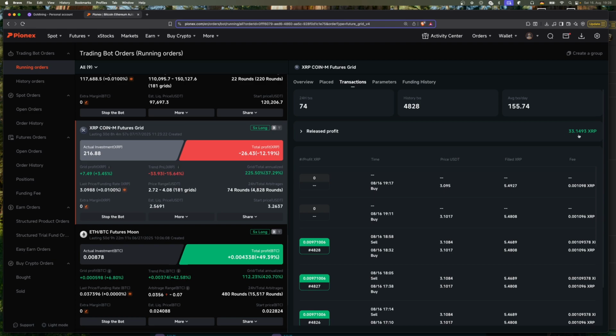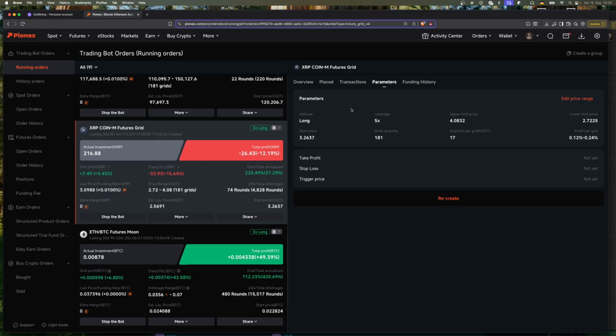So I already have withdrawn 33 XRP profit. And yeah, this bot is running and running and running. It's running for 40 days. It has already almost 5,000 rounds. It's great. It's making money as long as XRP stays above 2.6, or 2.55 in this case.